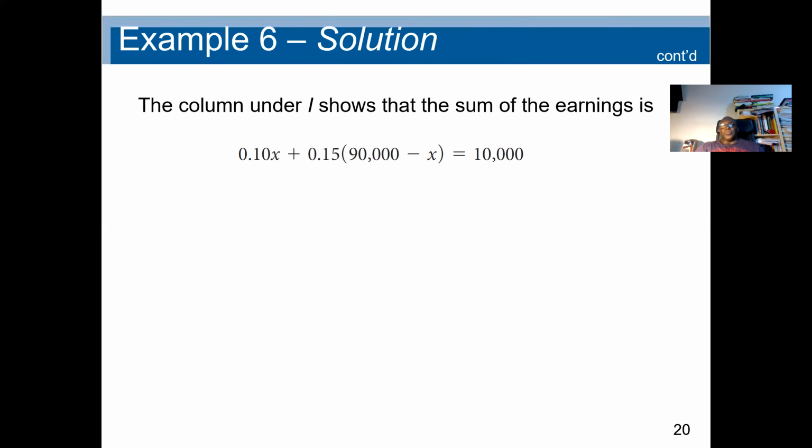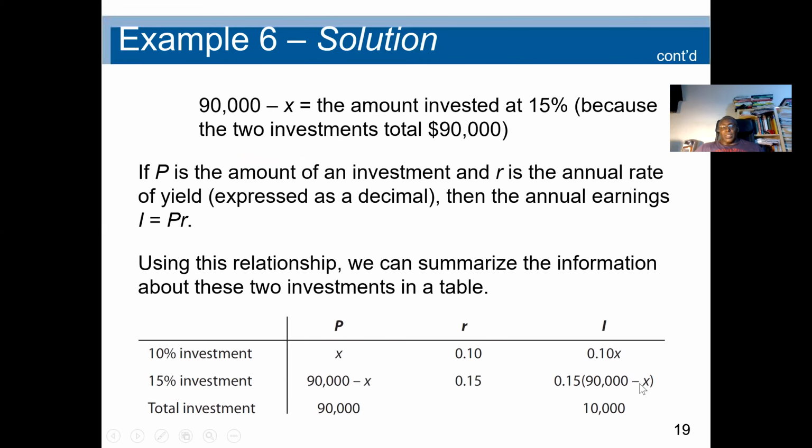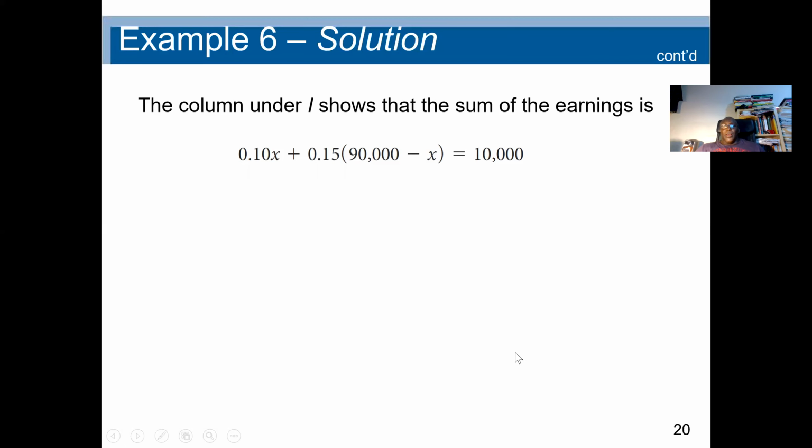The column under I shows the earnings. So the earnings will be P times R. Here we have 0.10x, which will be 10% of whatever amount.